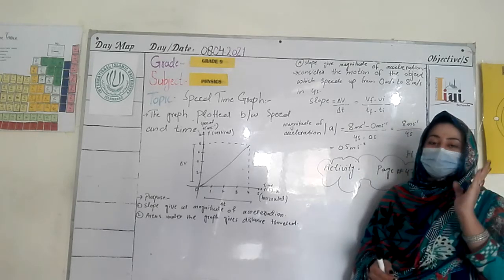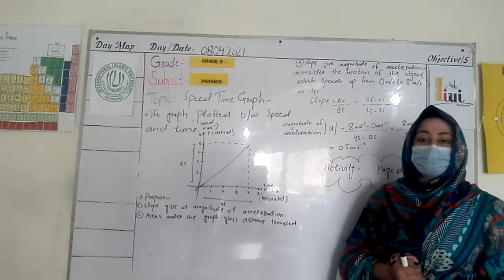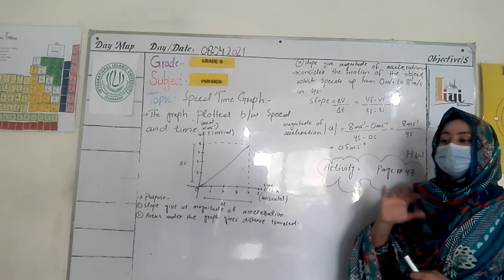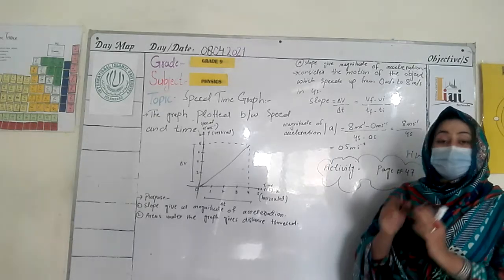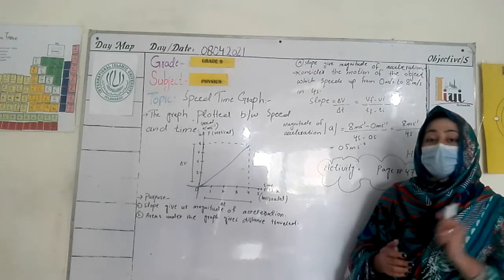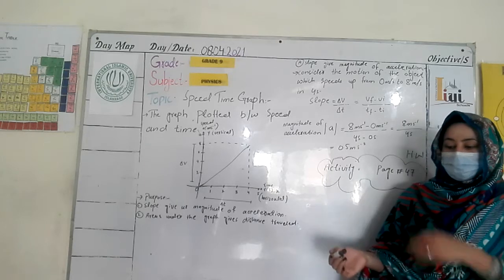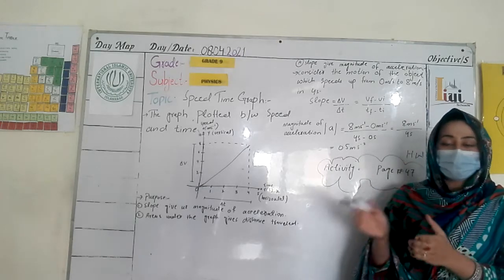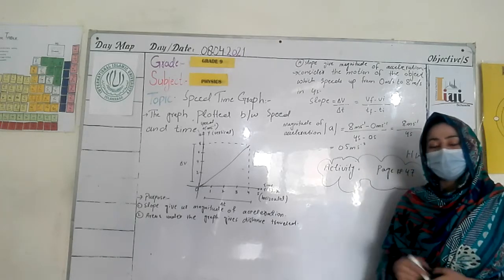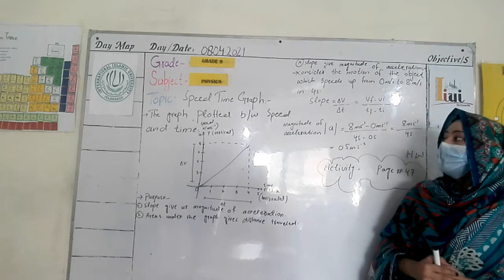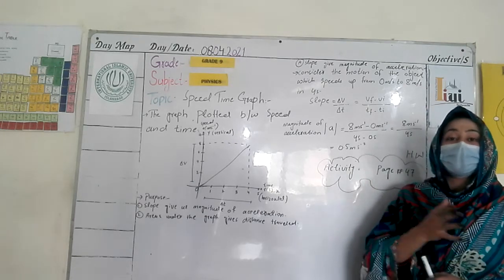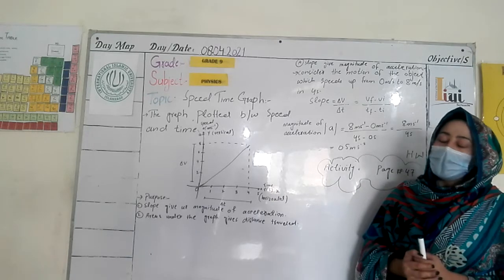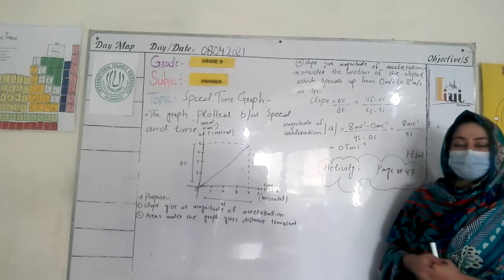In this activity, different types of speeds and graphs are given. You will do that activity and then show me. Today's topic is the speed time graph, so this activity is also about the speed time graph. I hope you all understand this topic.